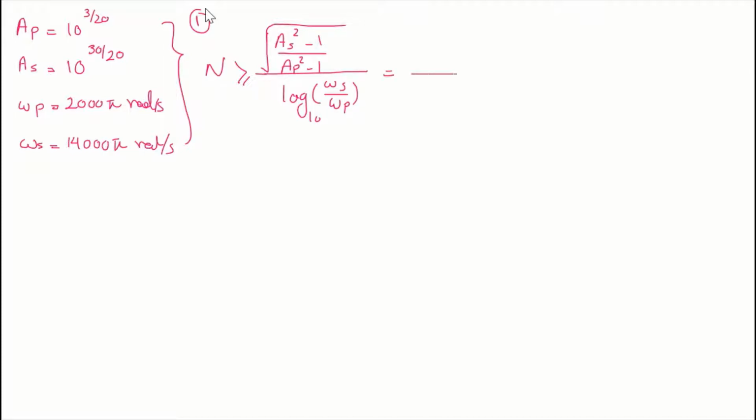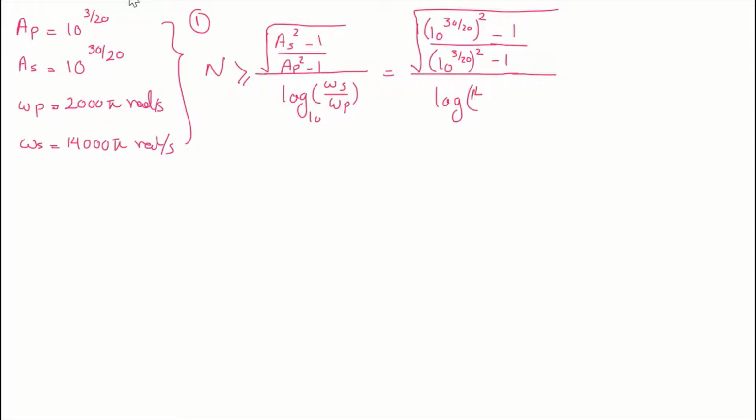If I replace this by the values we got, we have AS is 10 to the power of 30 over 20, squared, minus 1, over 10 to the power of 3 over 20, to the power of 2, minus 1, divided by log of omega s over omega p, which is 14,000 times pi over 2,000 times pi, which is 1.775.